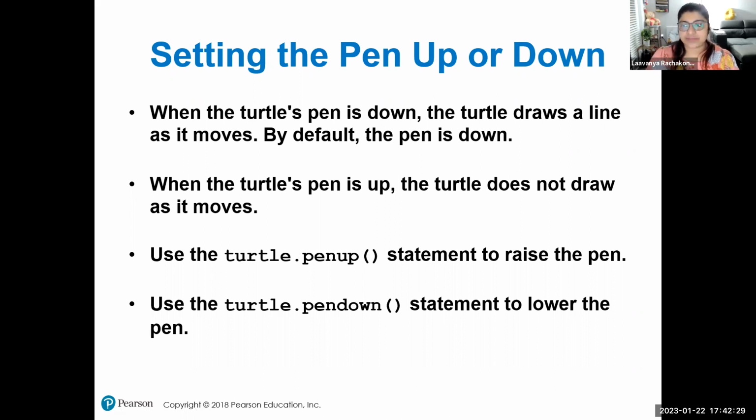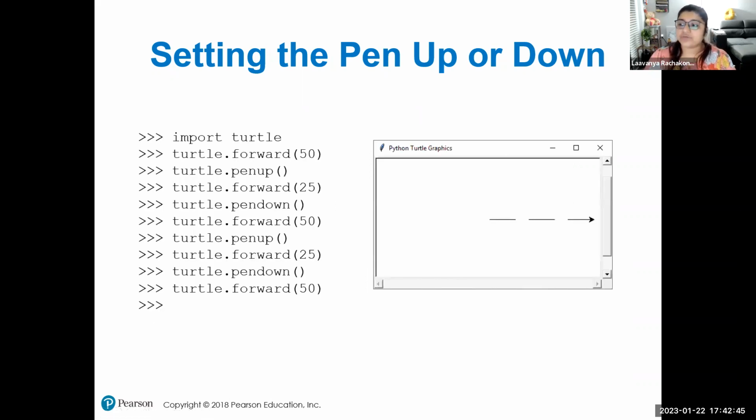By default, the turtle pen is down. If you do not want the turtle to draw anything, you can turn the pen up, by using the statement turtle dot pen up. And if you want to put the pen down again, you can just do turtle dot pen down. This is important when you want to draw dotted lines or dashes or anything like that.